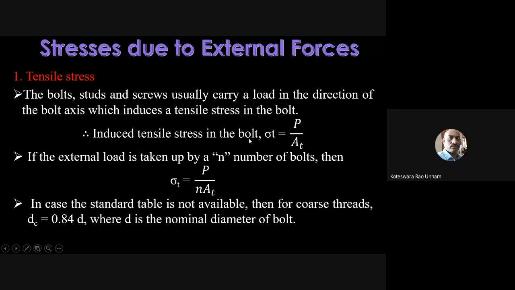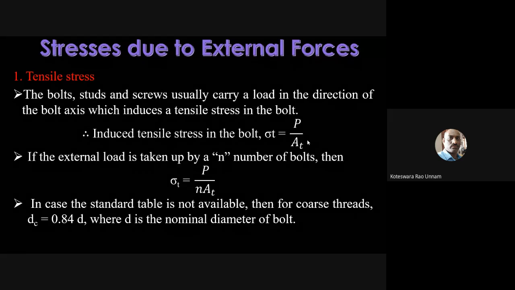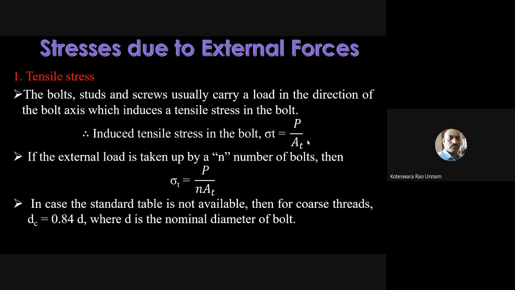If you know the nominal diameter of the bolt, then only you can pick it. If you don't know the nominal diameter, you cannot take the data from the data book, because the tensile stress area is always given against the nominal diameter. If you know the nominal diameter, you can pick the AT value from the data book.